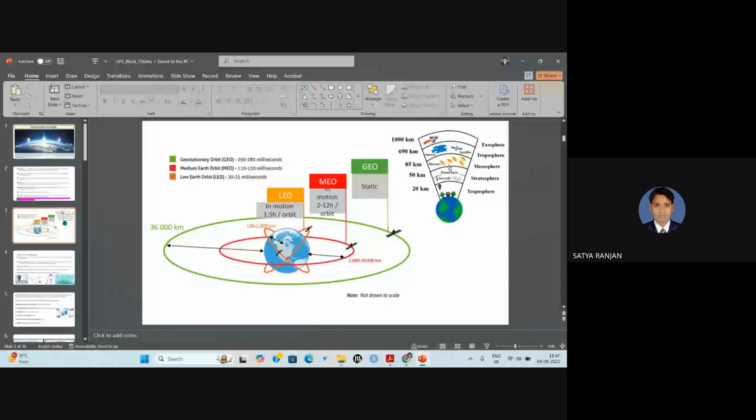So these are the different observation orbits: lower Earth orbit, then medium Earth orbit, then geostationary orbits. So generally the GPS satellites are in the medium Earth orbit section. So most of the time these questions arise. So I just covered this.